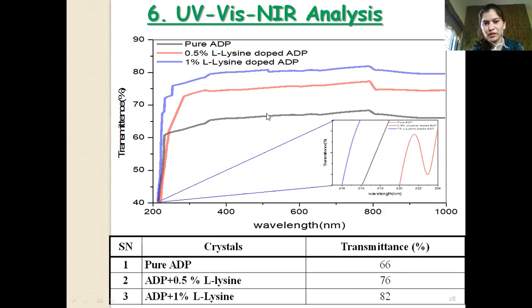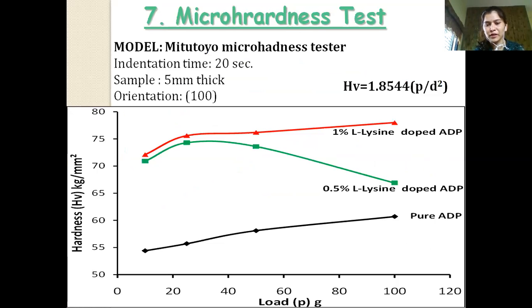We can also note that the doping of L-lysine increases the transmittance of the crystal. From the data tabulated here, pure ADP possesses 66% transmission, whereas 1% lysine doped ADP offers 82% transmittance. That is really good enough for optical applications.